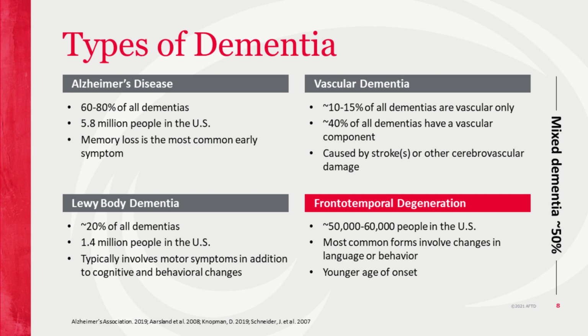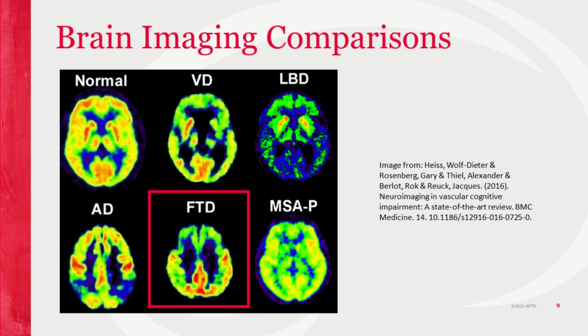The most common disorder forms are ones that affect either language or behavior, although there are some movement disorders. And the distinct difference is the age of onset for people with FTD in terms of symptoms is younger. And I'll say more about that in just a moment. Here we have a very colorful brain imaging slide.